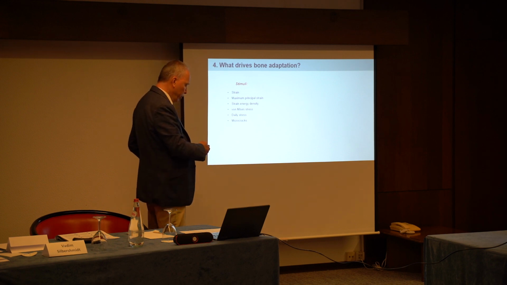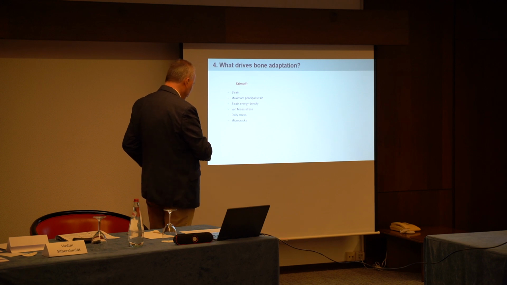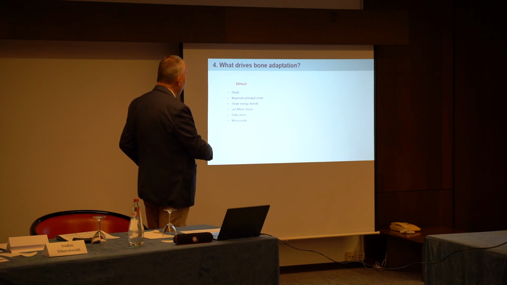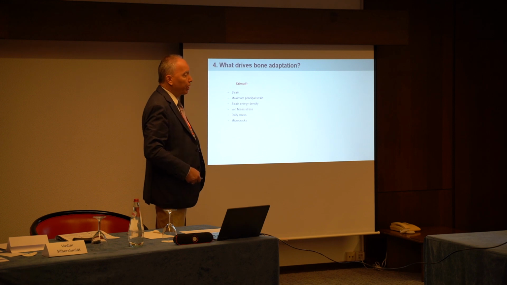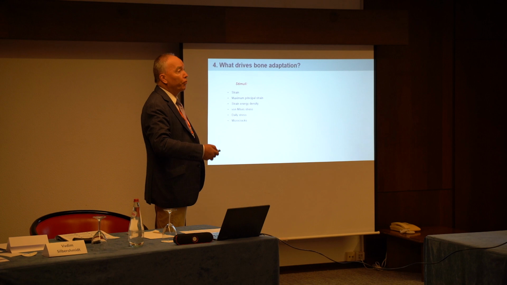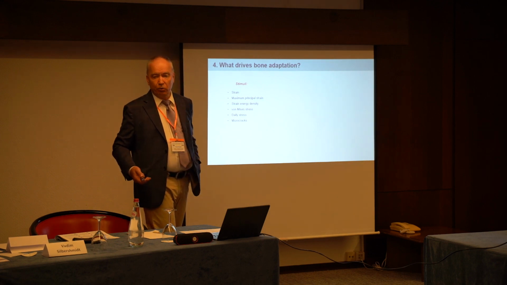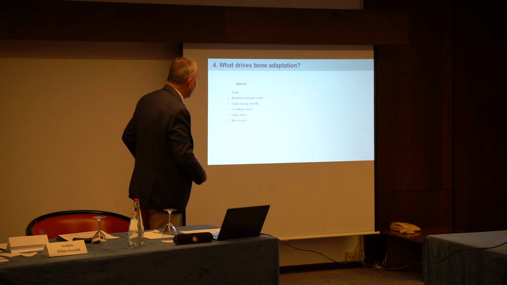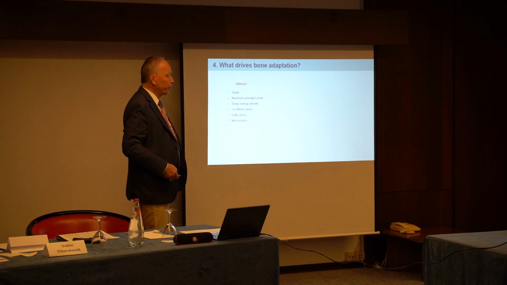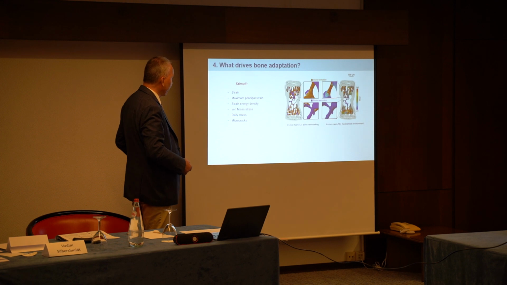And historically, there were several models developed here, in which the stimuli affecting the mechanical stimulation of bone adaptation are practically whatever you would like to choose, from the standard set of parameters.